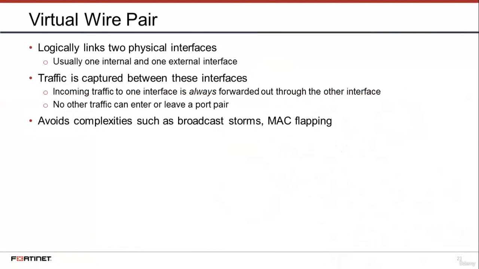When you configure virtual wire pairing, 2 ports are logically bound or linked, acting like a filtered cable or pipe. All the traffic that arrived at one port is forwarded to the other port. This prevents issues related to broadcast storms or MAC address flapping. You can create more than one virtual wire pair on FortiGate.